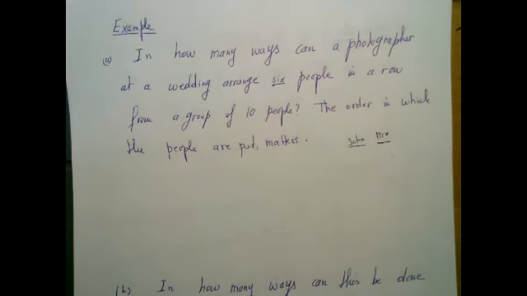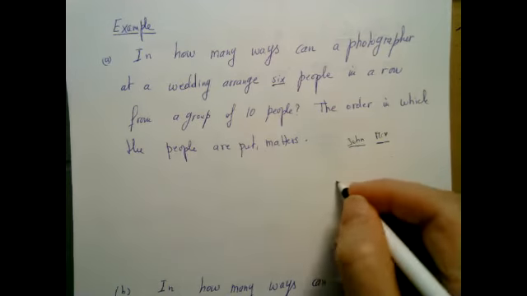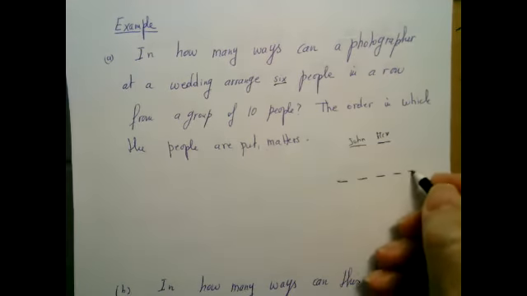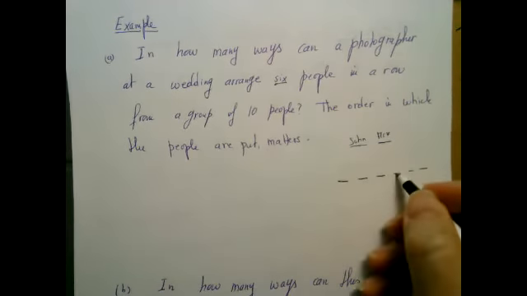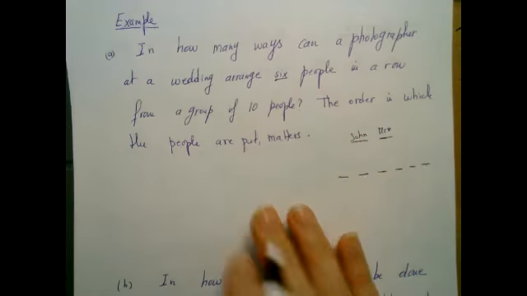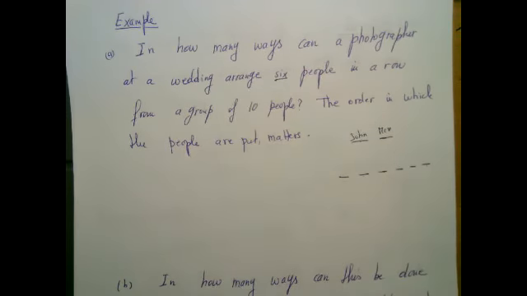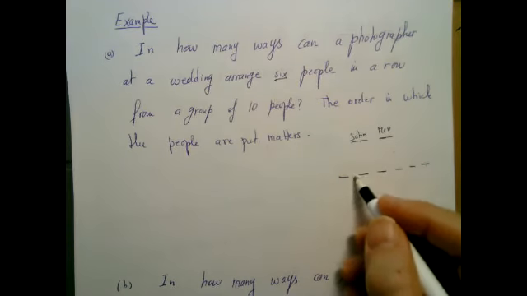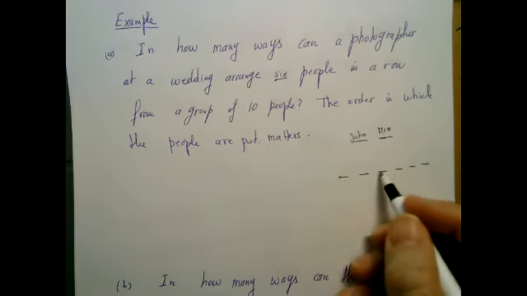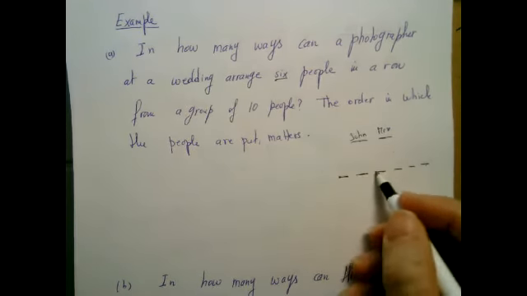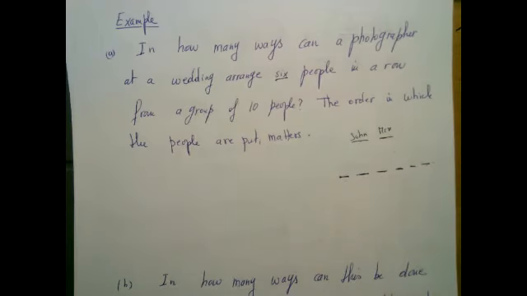Is this a permutation? What type of permutation is that? We have 10 distinct people, and you want to arrange them in groups of 6. So how many lists of 6 terms do we have?